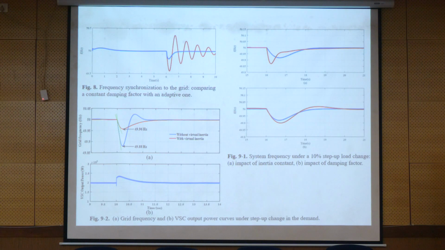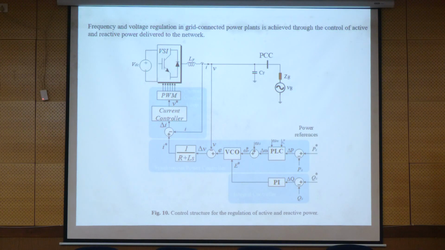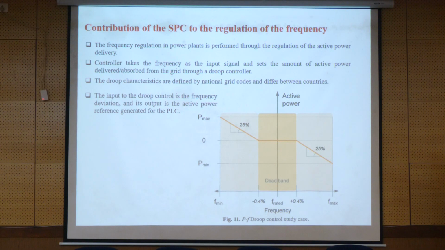And here is the result when we compare the different operating conditions with the constant damping factor or variable adaptive damping factor, and with the inertia or without inertia, and other changes also. So then another part of this technology was the calculation of the reactive power for the regulation of the voltage. So for this technology, we use the droop controller.